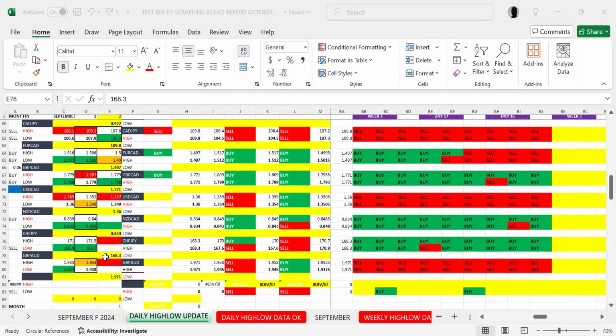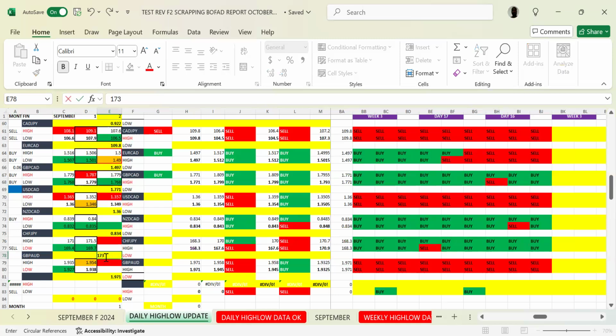And then finally, the last move, which is the current move, is 173.5. So according to the last move, we are now on a sell trend. Each move is going to adjust the previous information to see how it relates to the current price.